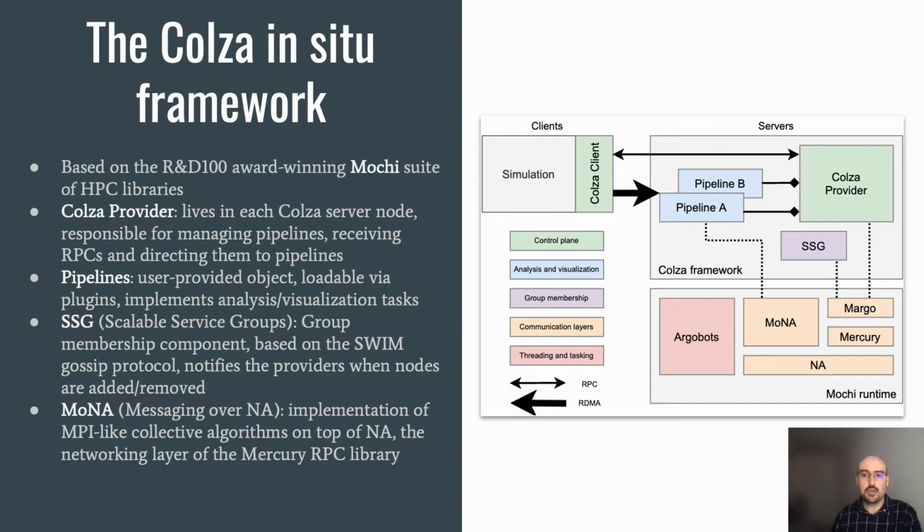And these RPCs are then dispatched to user-provided pipelines. And the pipelines are what implement the actual rendering and the actual visualization. Colza uses Mochi's scalable service group for group membership, and it relies on Mona, an implementation of MPI-like collective algorithms that is built directly on top of the Mercury RPC library that is used by Mochi.